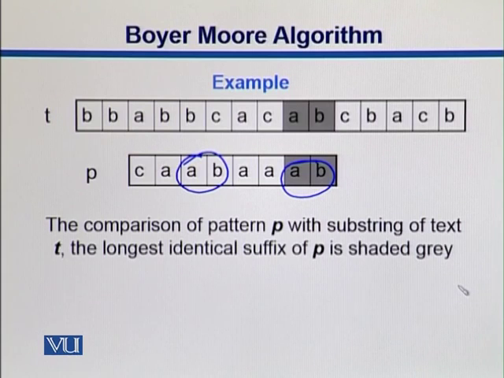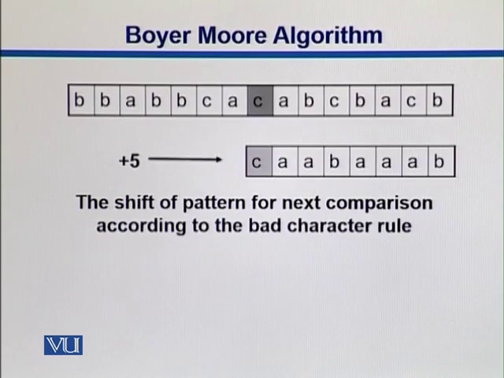We have this suffix and we compare them and find the match. First it compared this B here, and then it compares A, and then we get a mismatch at this position. So now it has two options. One is where it has seen the mismatch, as we have seen in the previous slide.